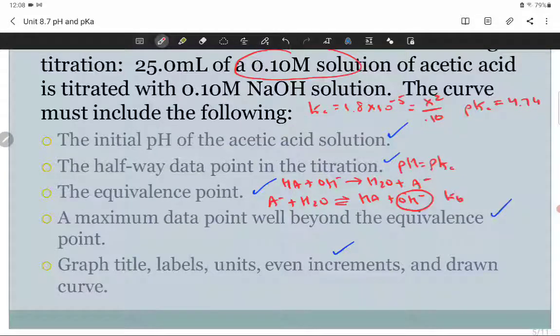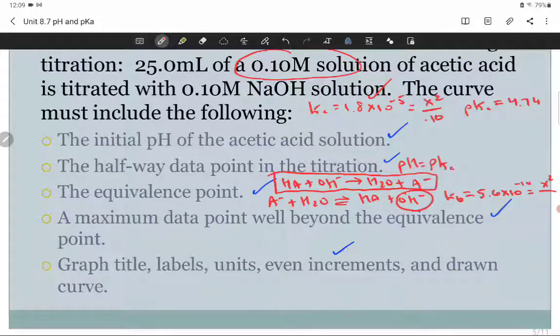And so we'll need a Kb value, and you have to take the Ka that we had and turn it into a Kb, and that's going to be 5.6 times 10 to the negative 10th, and x squared up top, and the molarity down below. And remember that when you do this ICF, you will get moles of A minus, but you need to divide it by the total volume.